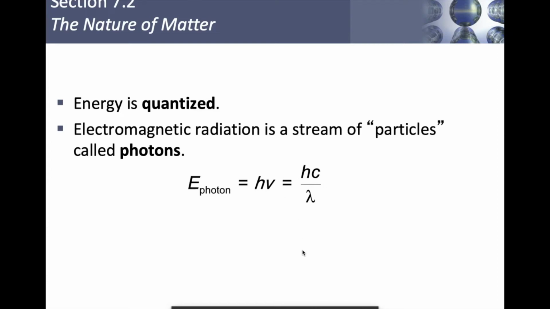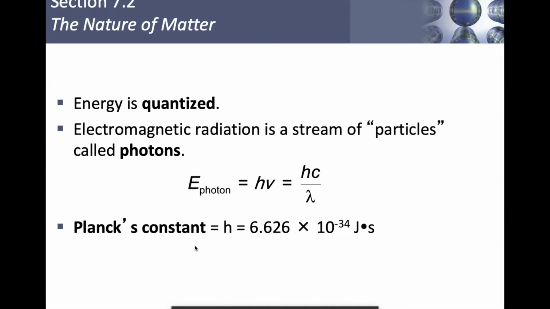So if I ask you what's the energy of this wavelength of light, you could very simply find the wavelength and enter that as the bottom part of your fraction, multiply Planck's constant by the speed of light, and then divide by that number, and that will tell you how much energy that light has. And what is Planck's constant? We've been dancing around it, but Planck's constant is equal to 6.626 times 10 to the negative 34 joule-seconds. So this is joules, a unit of energy, times seconds, and it's pronounced joule-seconds. But that's Planck's constant.